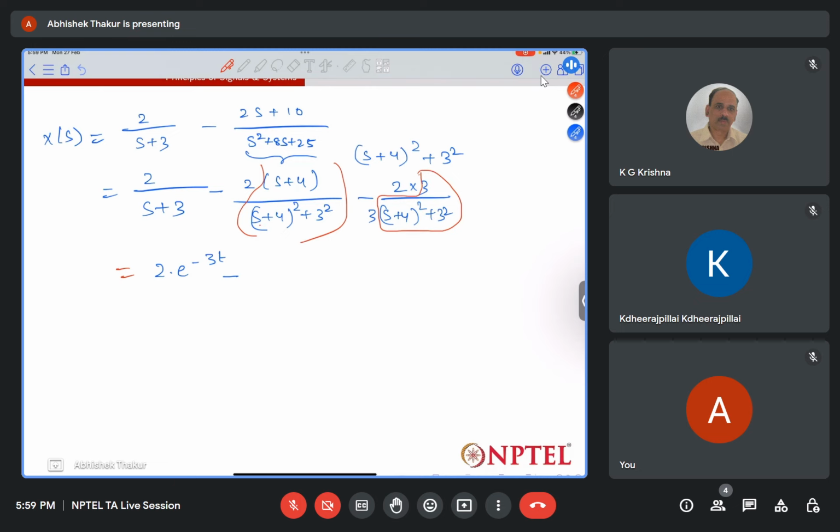Similarly, for the sinusoidal signal, e to the power minus alpha t sine of beta t can be written as beta divided by (s plus alpha) squared plus beta squared.